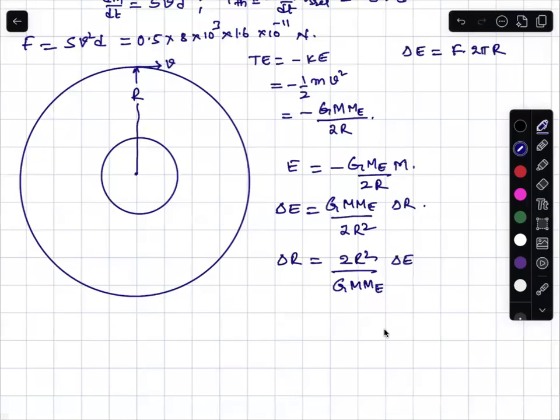And that delta E, you represent it as minus GM ME by 2R squared. Delta E is minus 2 pi R F. Already you know the value of F.